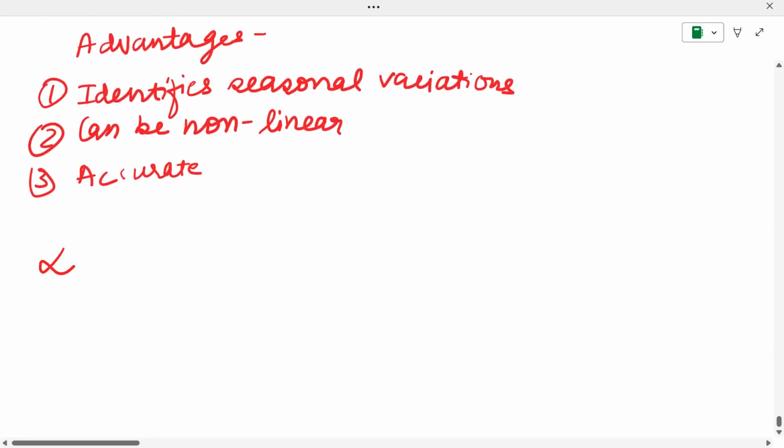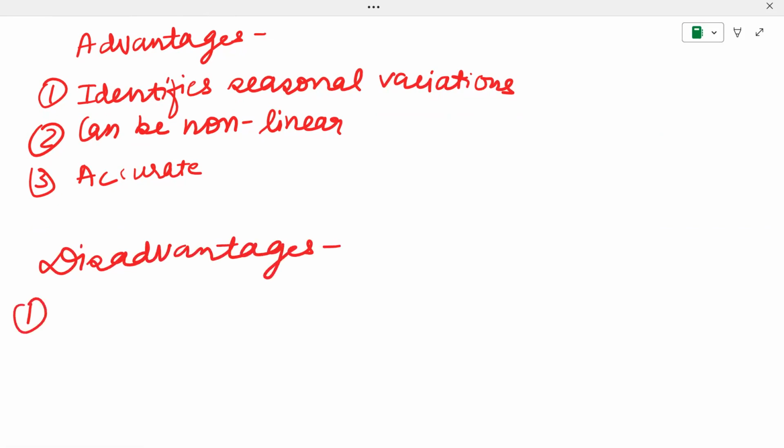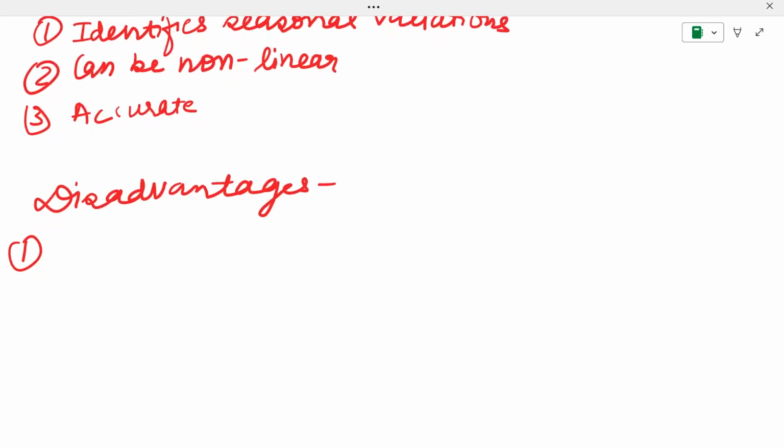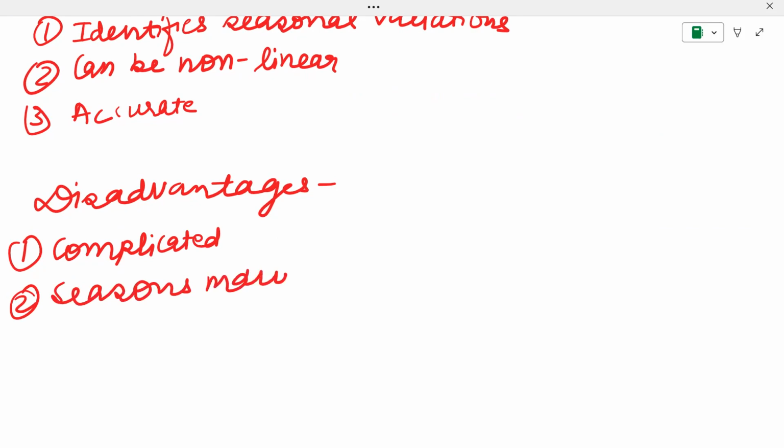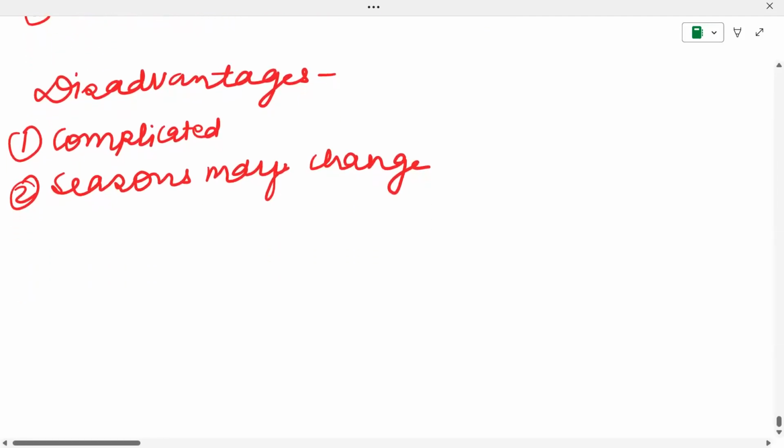Then let's talk about a few disadvantages also. First of all is the fact that it is a little bit complicated. Another thing is that your seasons may change. Maybe the impact that you're getting as the seasonal variation may not be the same for the next season because seasons may change.